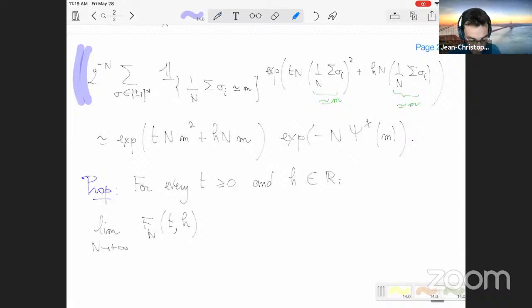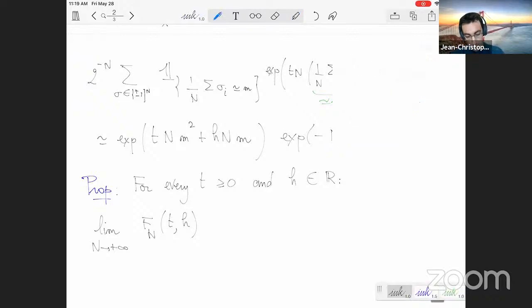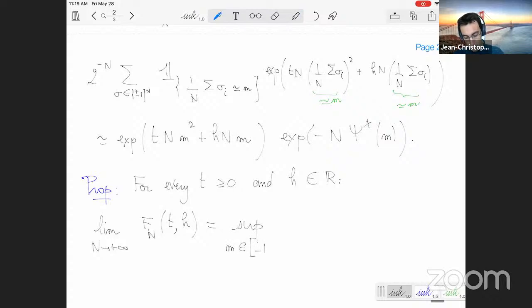So when you take the log, the exponentials here disappear, and then you divide by n, the n's disappear. And so the statement is that this limit is the supremum over m of Tm squared plus Hm minus psi star of m.